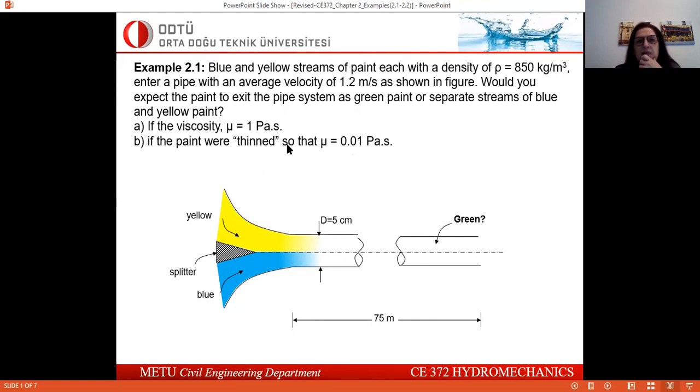Now, what does the question ask? Here we have yellow paint, here we have blue paint. They are entering the pipeline, and now we are asking, after a certain length, are we going to end up with green paint, where there will be, of course, mixing of yellow and blue paints, or will these yellow and blue paints continue to flow as separate layers from each other?